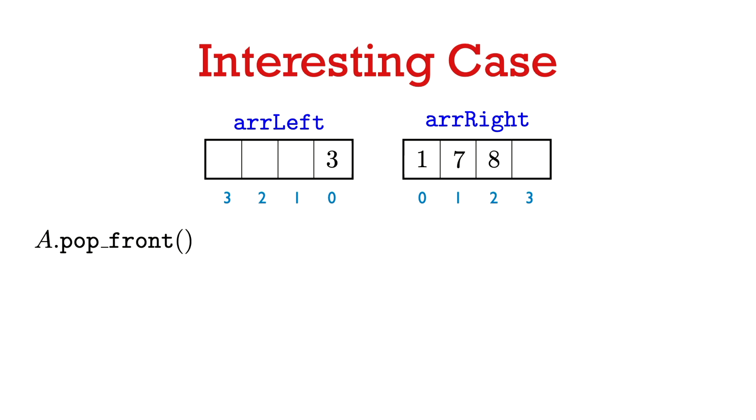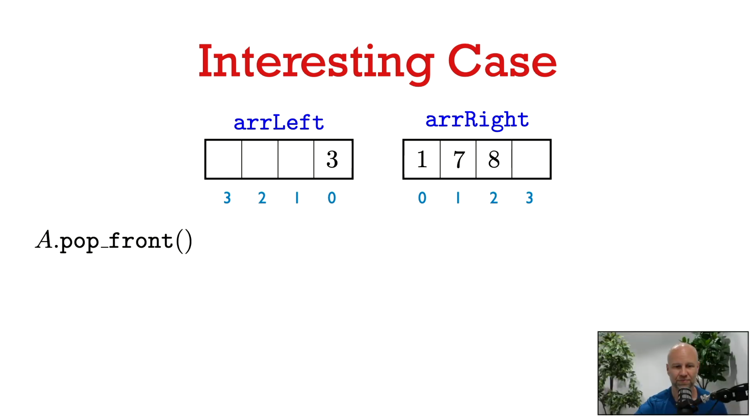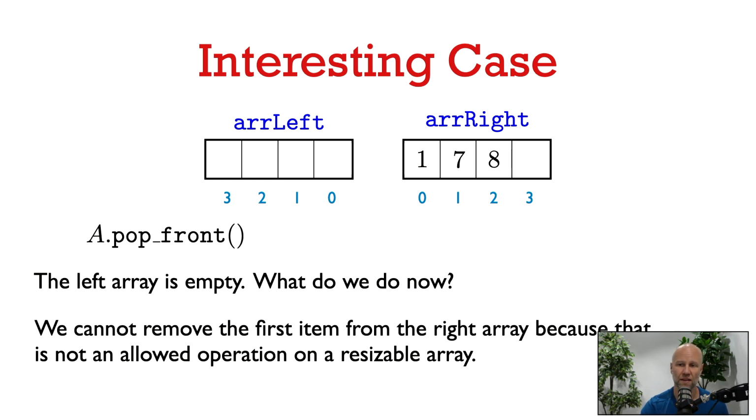Okay, now let's look at the interesting case. So you knew there had to be a catch somewhere, right? Say our deque looks as above, and now we pop front. Okay, so no problem. We just do a pop back on the left array to remove the 3. So now the left array is empty, and say that we want to pop front again.